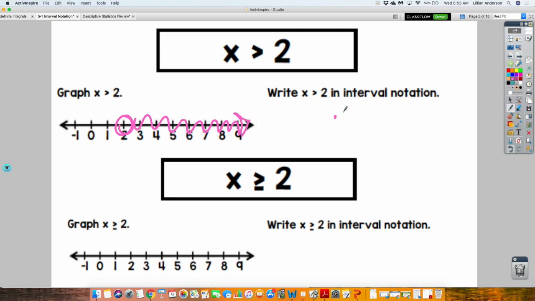Yes, 1, 0, and negative 1 are also to the left, but those are not involved in this. What's the number to the right? Positive infinity. They have parentheses around both of them or just one of them? Both, because it's an open circle at 2, and infinity always has a parenthesis.